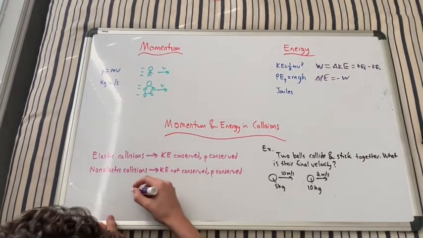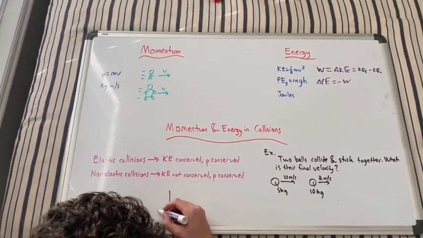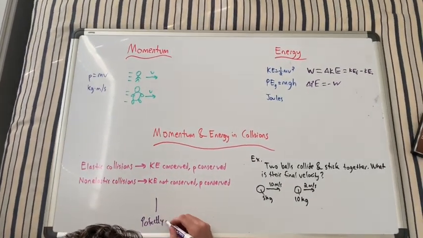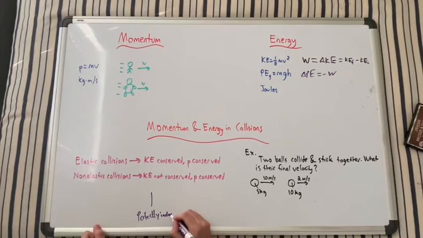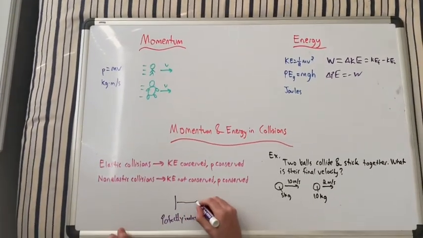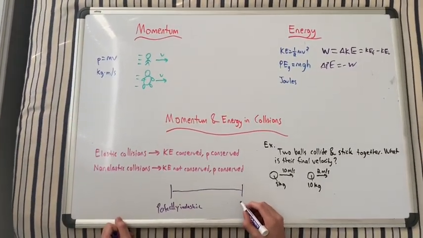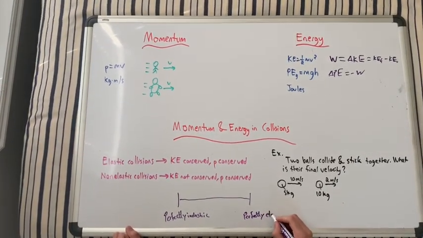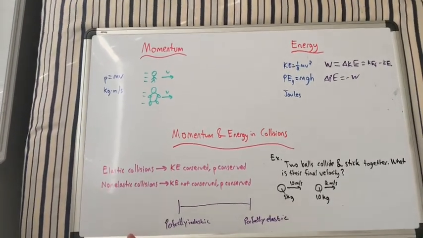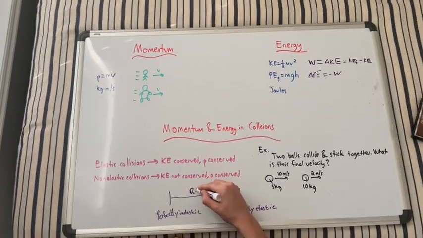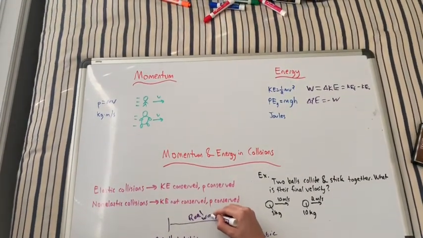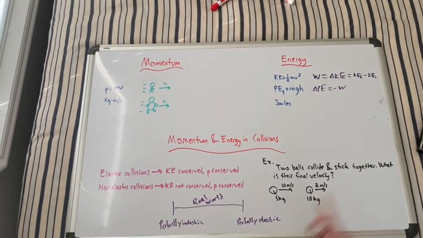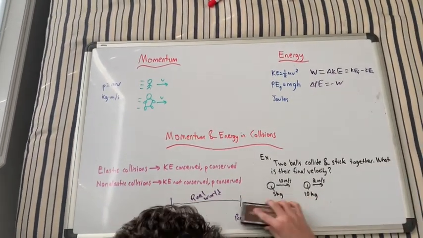So on one end, we have perfectly inelastic, then the spectrum of collisions, and then perfectly elastic on the other end. Real world collisions fall in between these two.